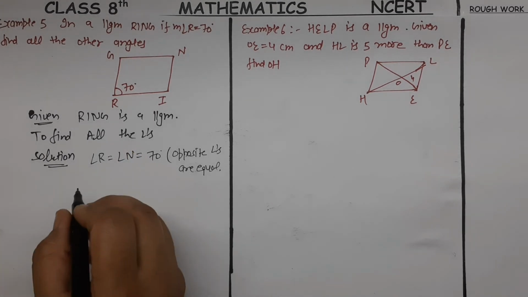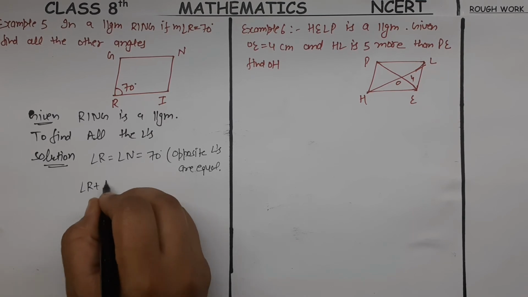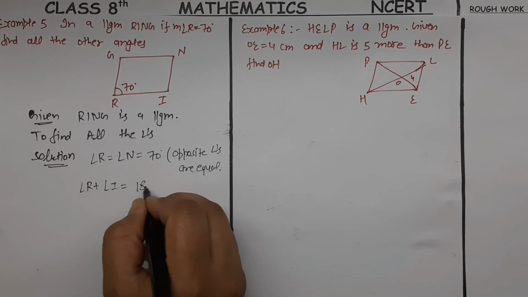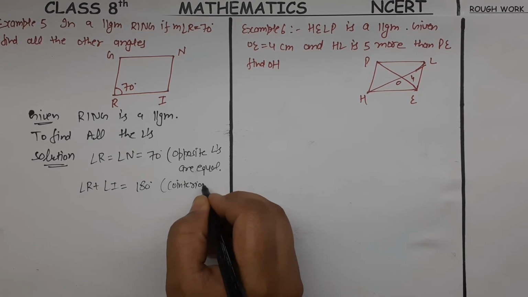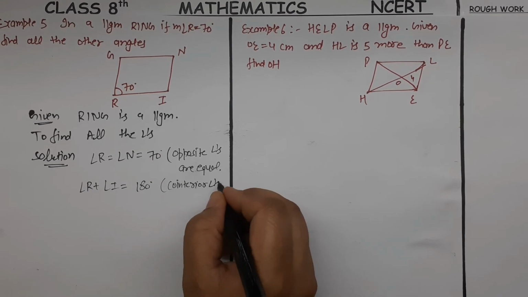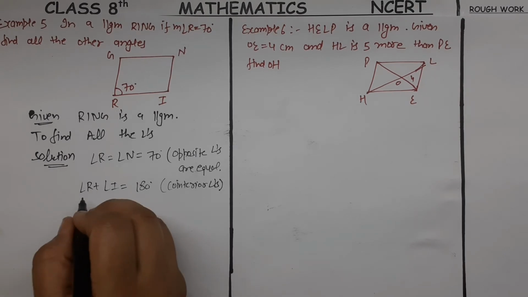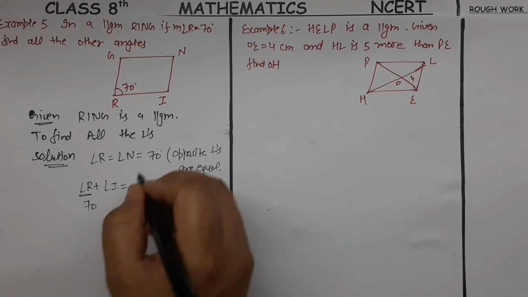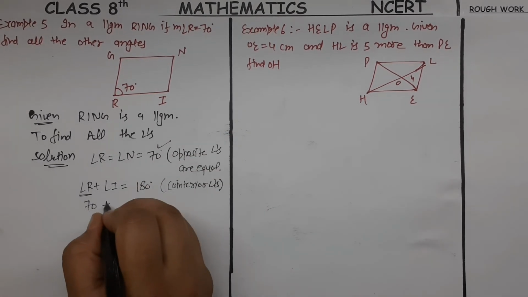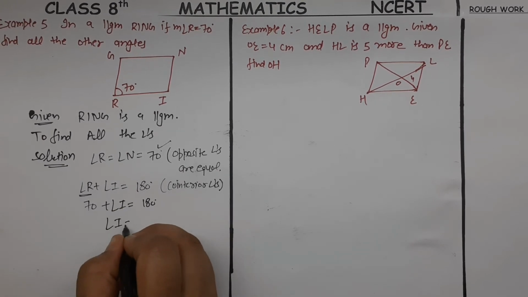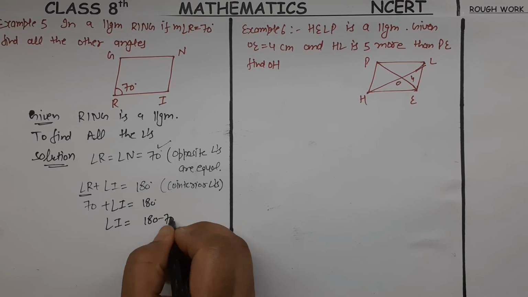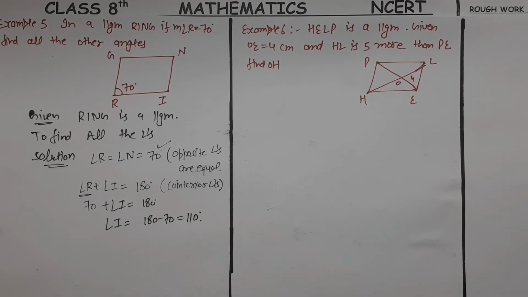Next one, angle R plus angle I equals 180. Give reason here: co-interior angles. Put the value of angle R, which is 70. 70 plus angle I equals 180. Only we have to solve. It comes 110 degrees.